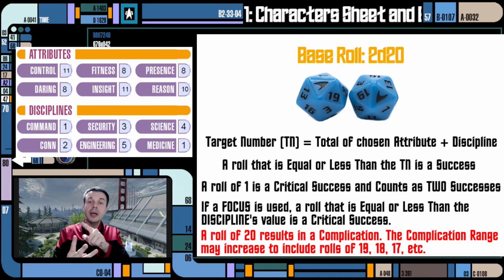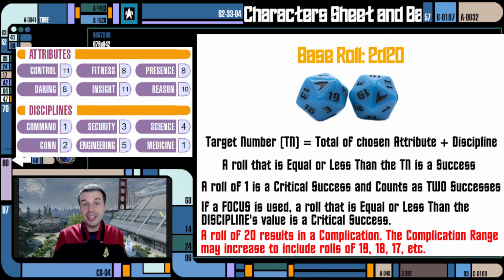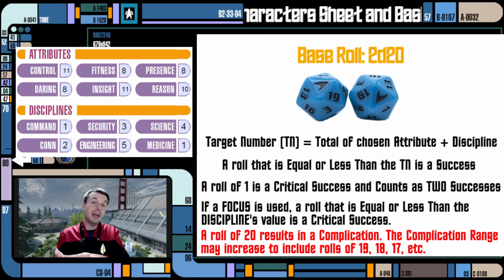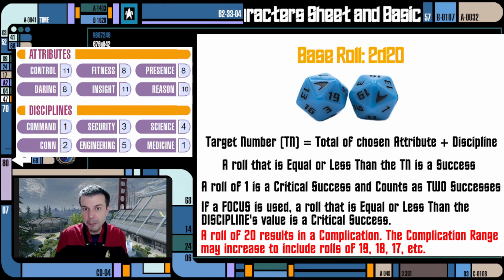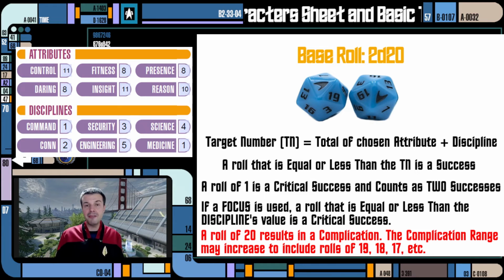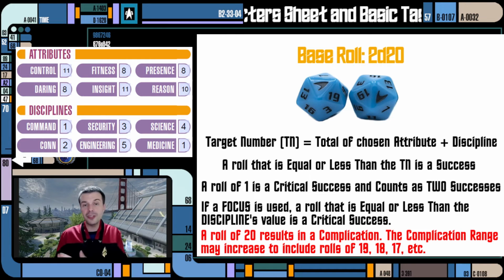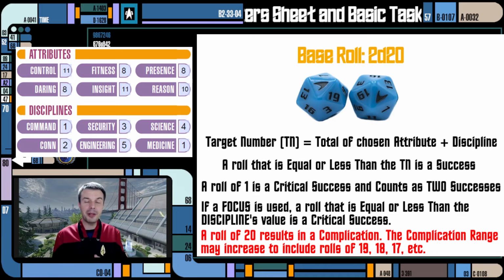Complication range of 3, 20, 19, 18. Now, there might be some really extreme situations that a GM puts you through that take the complication range all the way down to 16, perhaps. And you might have a combination of your attribute and discipline that goes up to 16. So you roll a 16, you succeed, you get a success, but you also gain the complication.